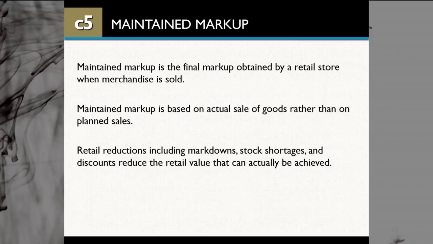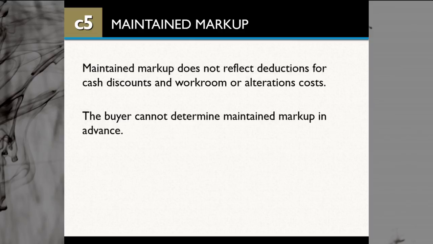And retail reductions, including markdowns, stock shortages, and discounts, reduce the retail value that can actually be achieved. So you can check your maintained markup with the actual figures. Your maintained markup does not reflect the deductions for cash discounts and workroom or alteration cost.